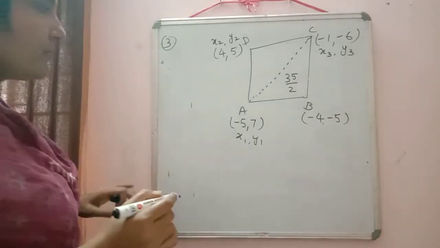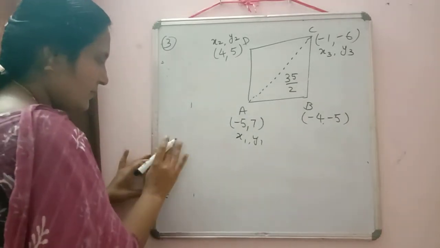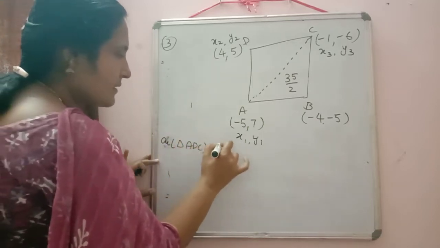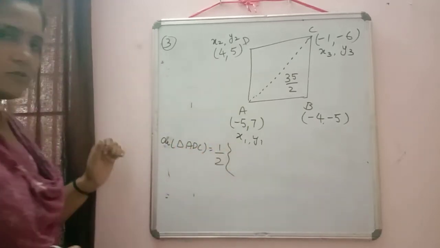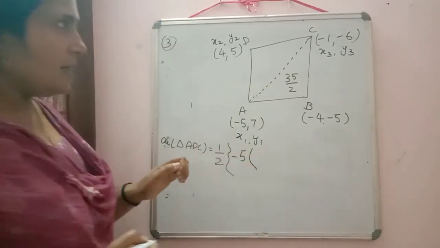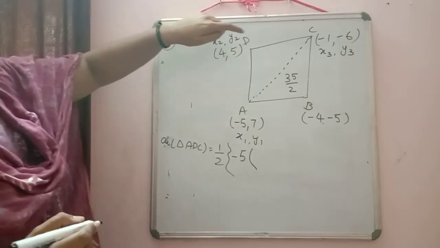So again we will calculate the area. Half into, that is area of triangle ADC. Half into x1. In place of x1 what do we have? Minus 5 into y2 minus y3.